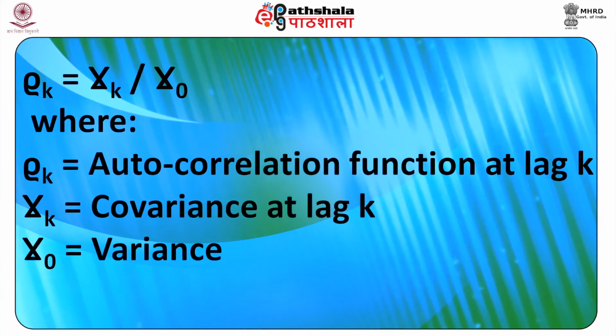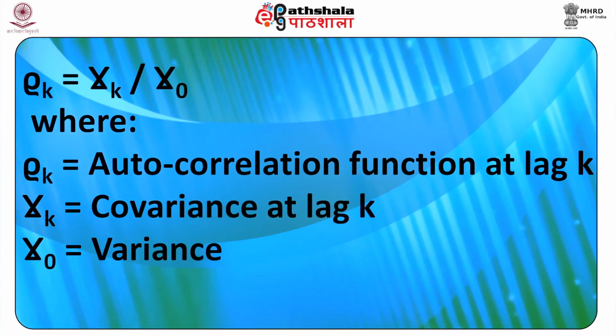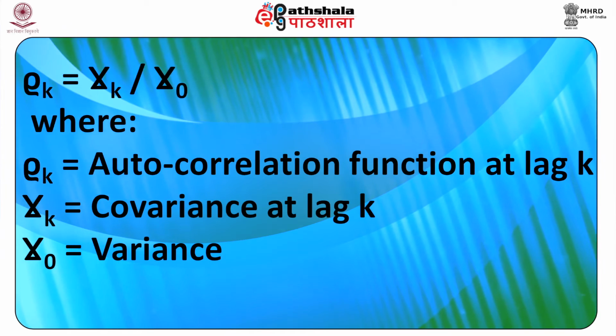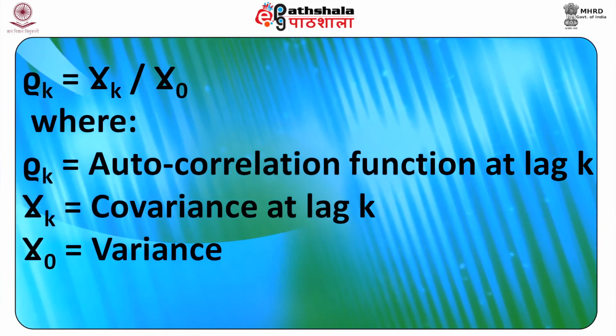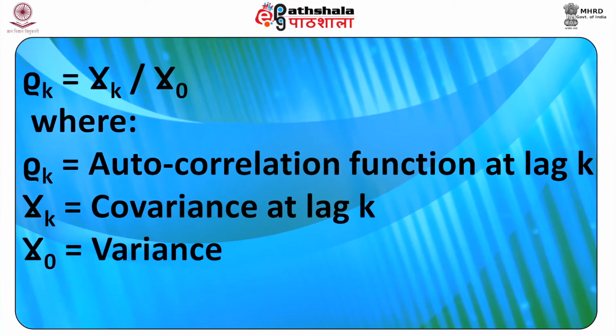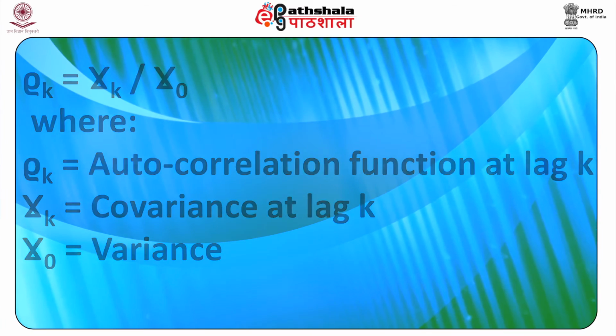ACF is one of the simplest ways to test stationarity of a series. It can be calculated using a simple formula: rho k is equal to gamma k upon gamma 0, where rho k is the autocorrelation function at lag k, gamma k is covariance at lag k, and gamma 0 is variance.